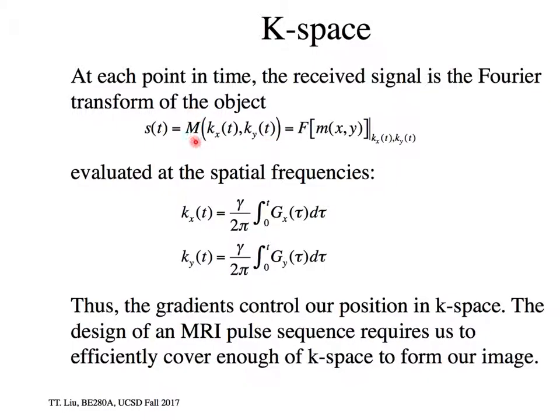We'll just call it capital M as a function of kx and ky. These are the Fourier components of the function in Fourier space, and this thing is equal to the Fourier transform of our object.